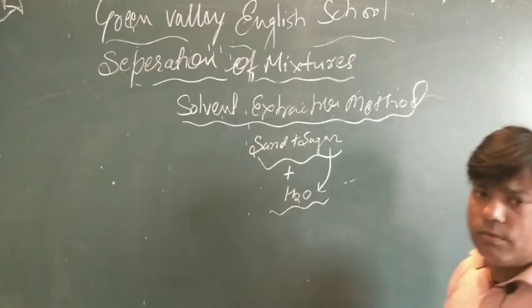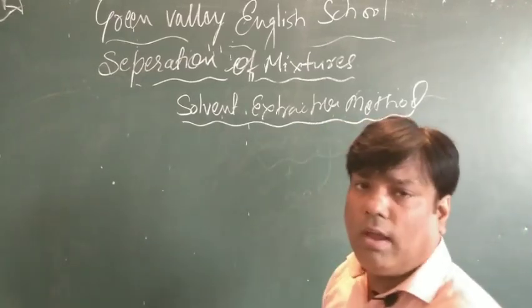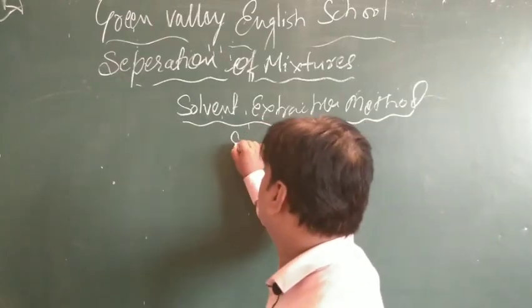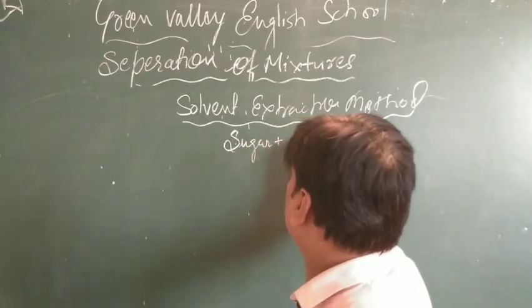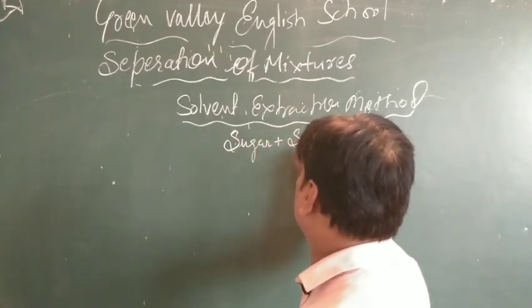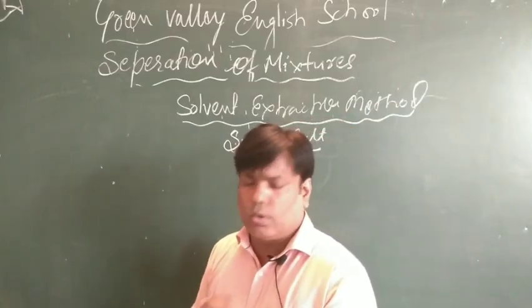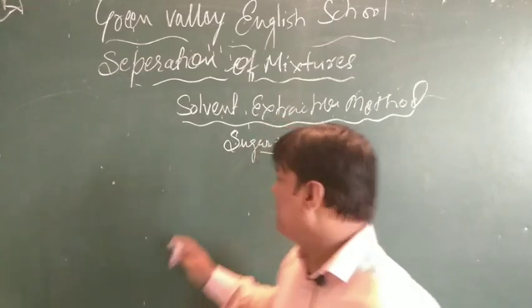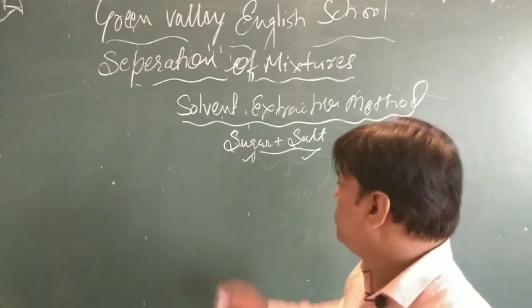Another very important example: suppose you have sugar plus salt. Both are white crystalline solids. If sugar and salt are mixed with each other, how can you separate them?